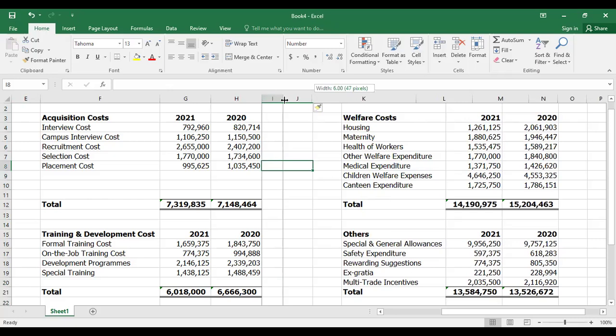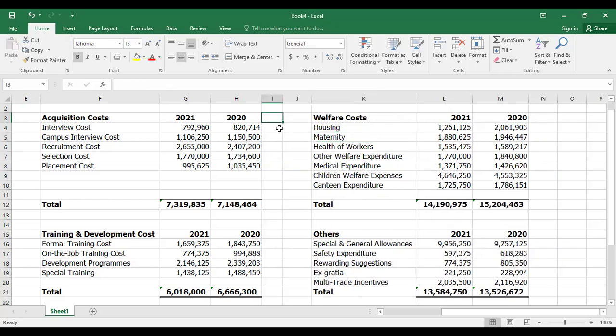If you want more perspective, what you can also do is to look at the changes here. If you want the changes, you can just come here on a line by line item, this minus this. Then you divide this by what you have here.